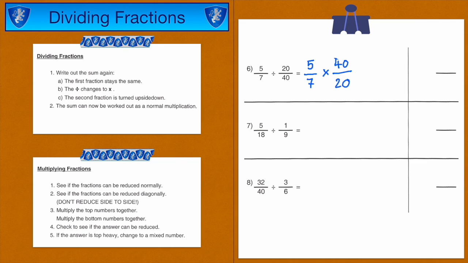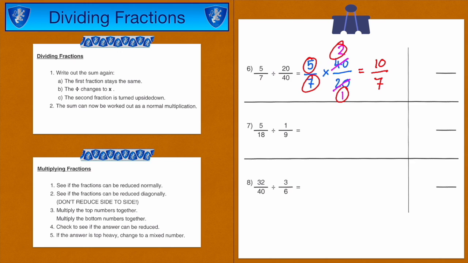If you divided it by 10, you could sort it out when you get your answer, but let's just do that to make it easy. And then 5 and 11 we can't do, and 7 and 2 we can't do. So we work it out as before. So we've got 5 times 2 is 10, and at the bottom we've got 7 times 1 is 7.